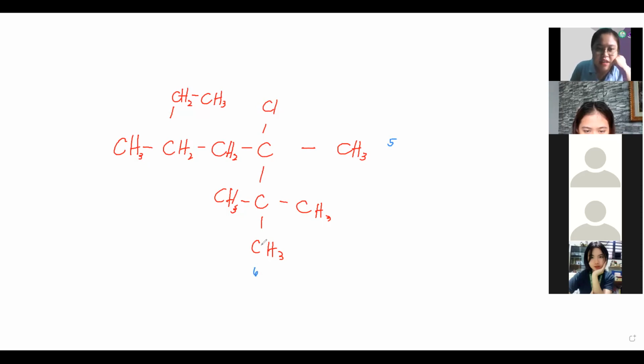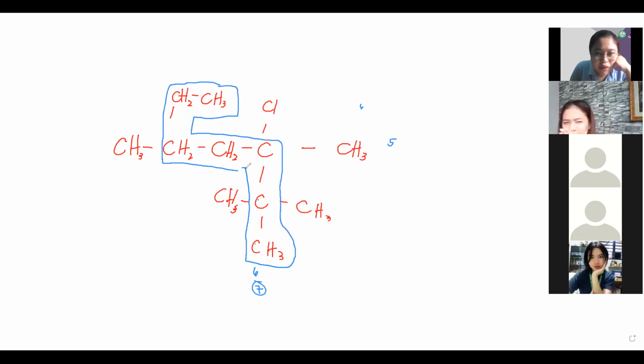But if I start here, 1, 2, 3, 4, 5, 6, 7. This becomes 7. So I have here the longest chain. If we really go down, this becomes 7. So this is the longest chain here.